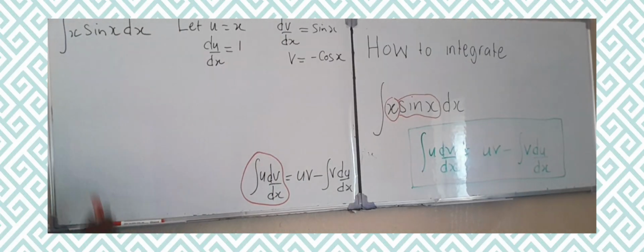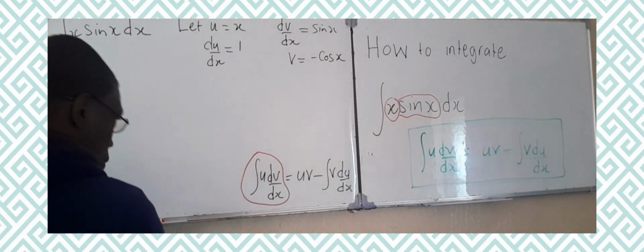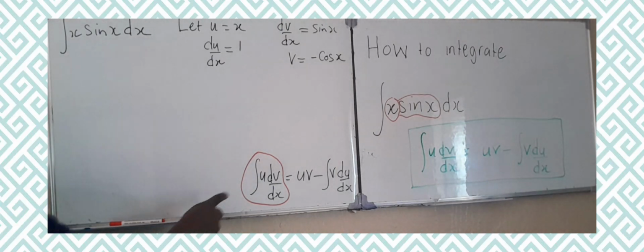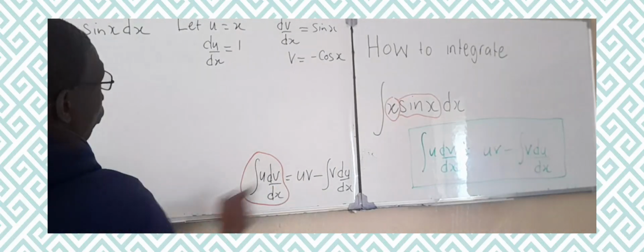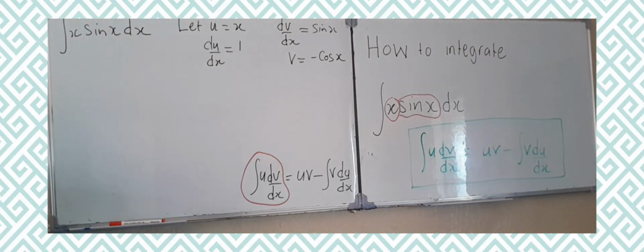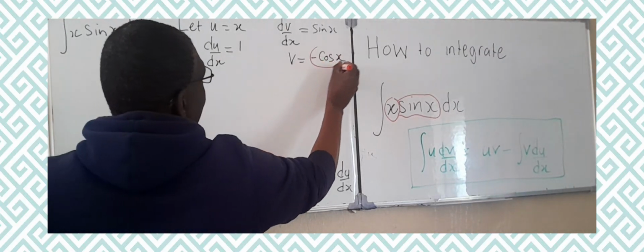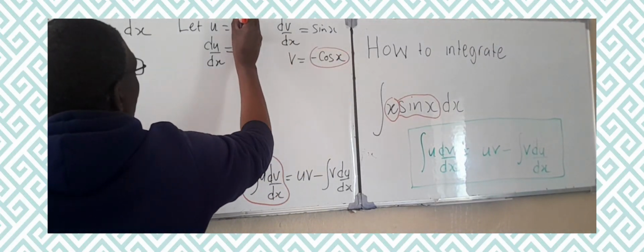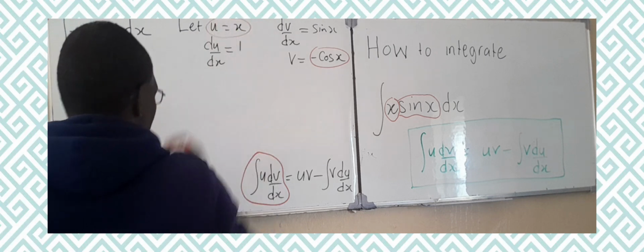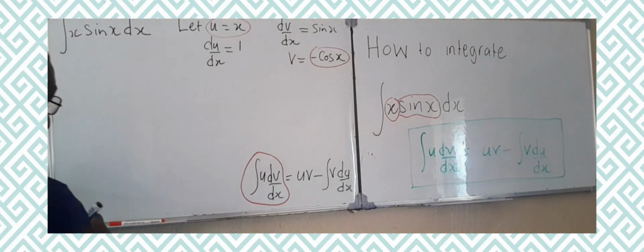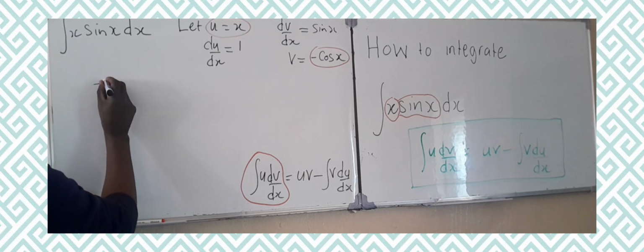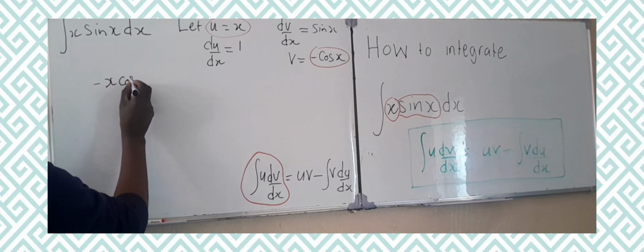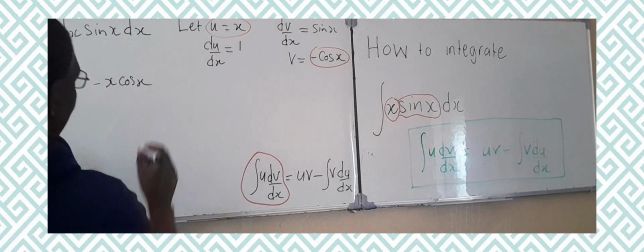Now, when we have done this, we can apply this formula. So the formula says u dv/dx is equal to that. So what is uv? Remember, we said v is this, and u, we said it's that. So the start will be, this is equal to minus x cosine of x.